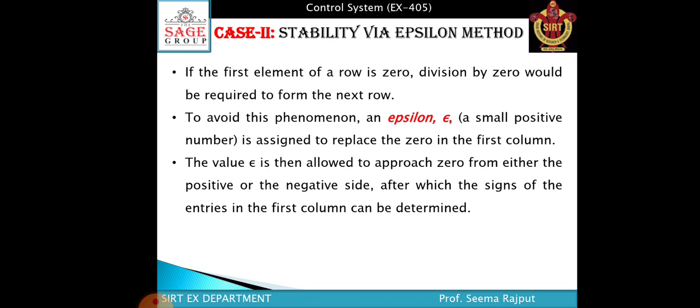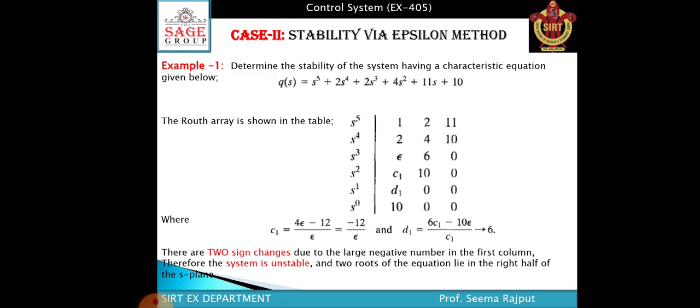The value epsilon is then allowed to approach 0 from either the positive or the negative side, after which the sign of the entries in the first column can be determined. Now, stability by epsilon method will be explained by example 1.